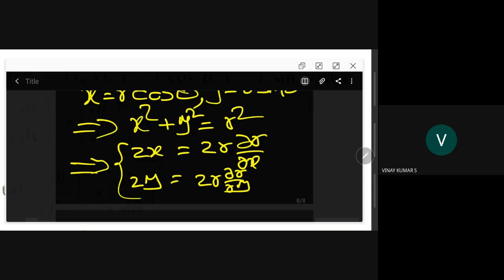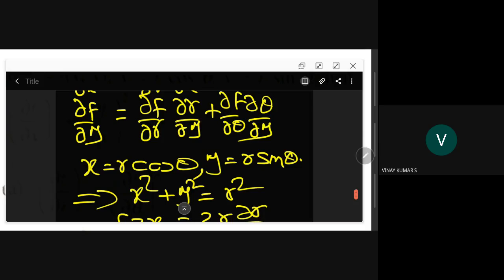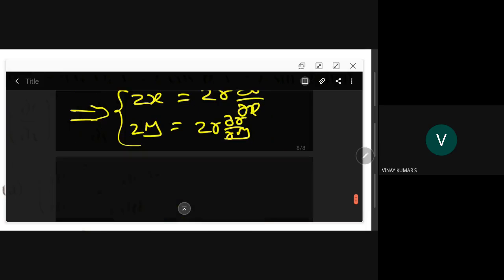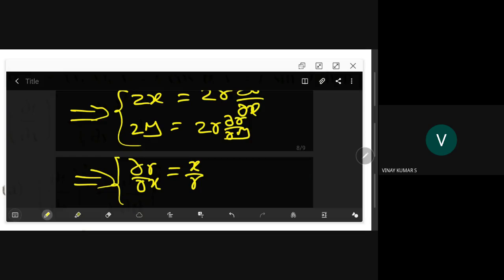We can substitute this ∂r/∂x, ∂r/∂y here. So this implies ∂r/∂x is equal to x by r, comma ∂r/∂y is equal to y by r.